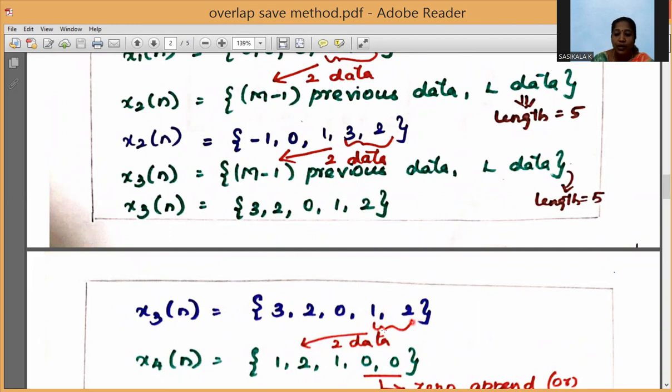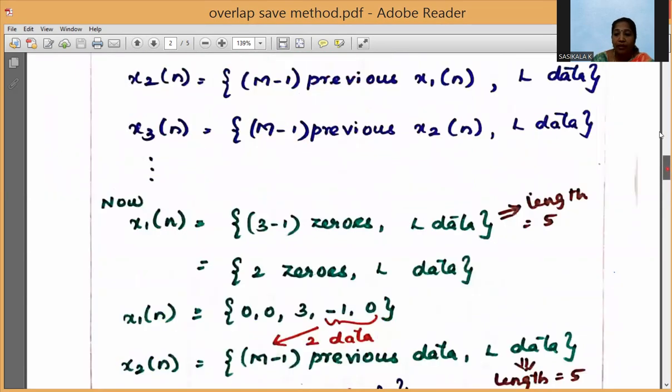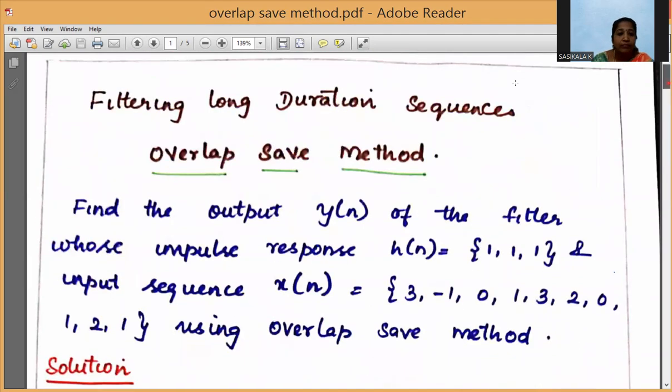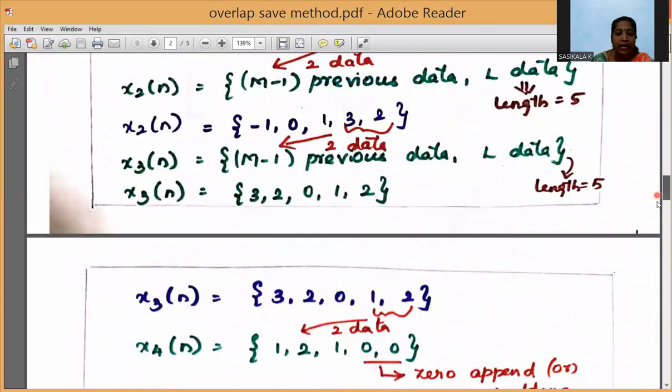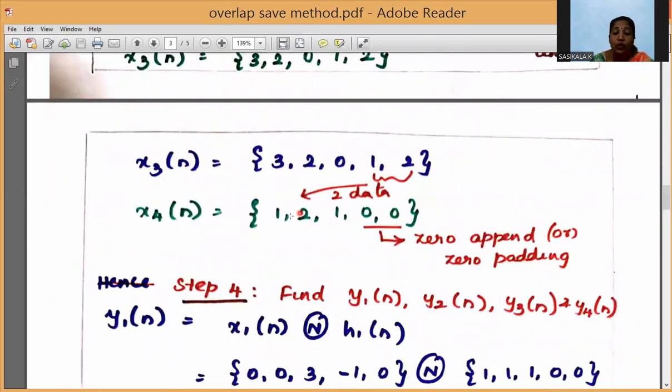and x4 of n is equal to the last 2 data from x3 of n. That is 1, 2 is taken from x3 of n and the remaining only 1 data, which is the last one, has to be taken for x4 of n. So here we have x4 of n equal to 1, 2, 1.